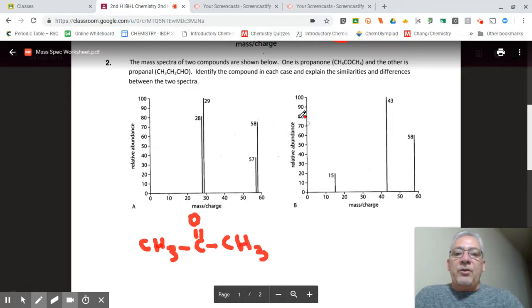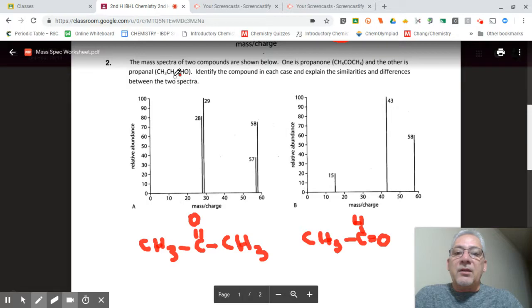And then we do have the aldehyde, which is this CH3, another carbon here, and we need to add the double bond with the oxygen. So we have already 3 bonds to the carbon, and the other one will be the hydrogen. So let's recount again. 4 hydrogen, 4 hydrogen.